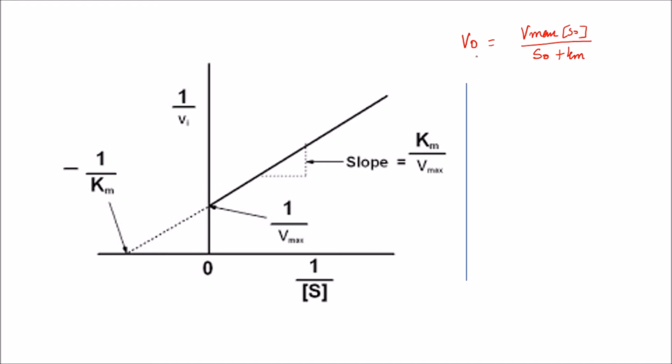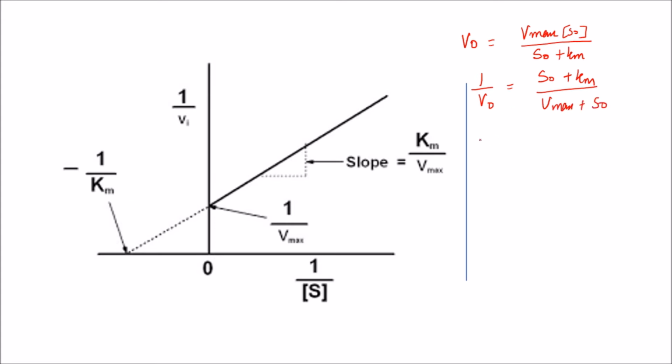So on inverting the Michaelis-Menten equation, what will we have? We will have S naught plus Km by Vmax into S naught.